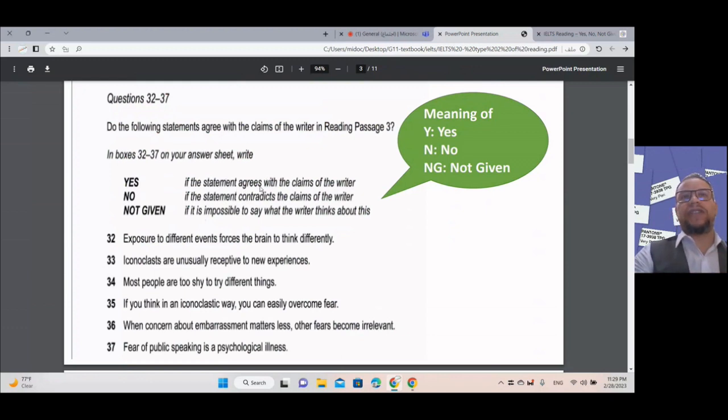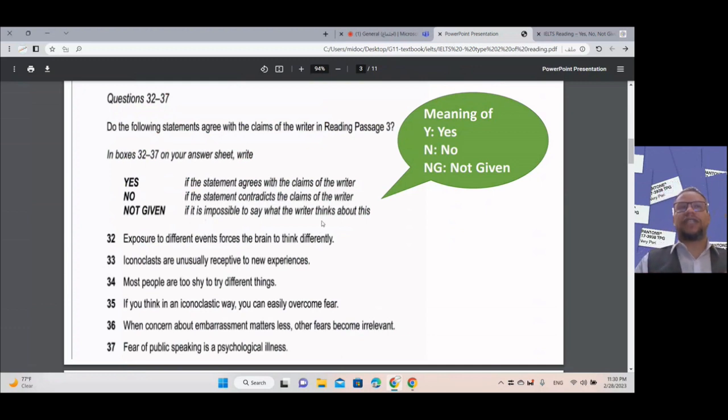If the statement agrees with the claims of the writer, the opinions or views of the writer, it means yes. If the statement contradicts, meaning it is the opposite or different from, for example the writer is negative and the statement is affirmative or positive, it means no. But if it is impossible to say what the writer thinks about this point, or I didn't find any clues from the question in the passage paragraphs, it means not given.